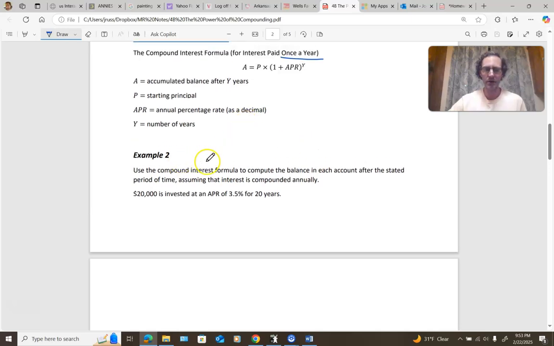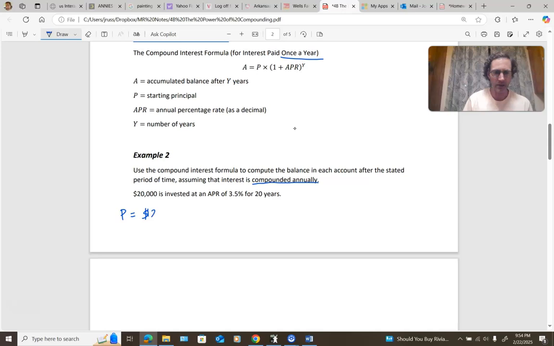All right, so let's look at example 2. It says use the compound interest formula to compute the balance in each account after the stated period of time, assuming that interest is compounded annually. The word annually means once a year. So we're going to be using this formula right here. Again, you can identify your parameters.